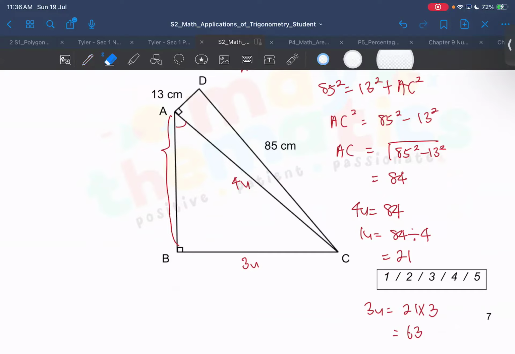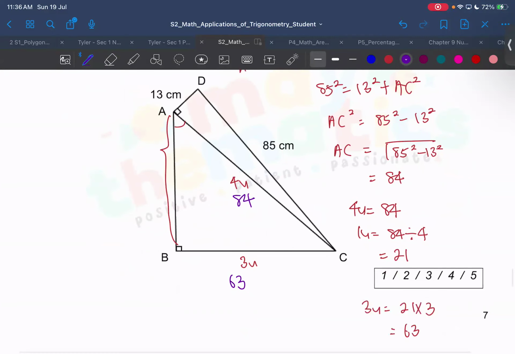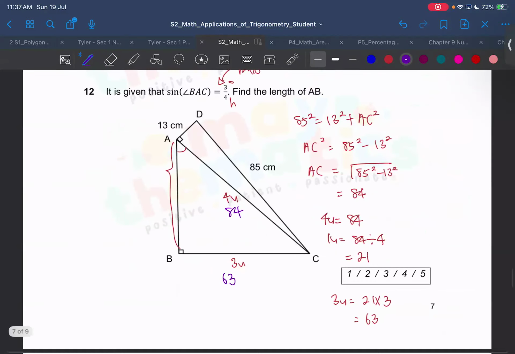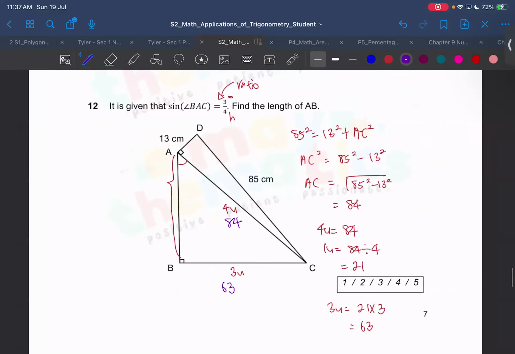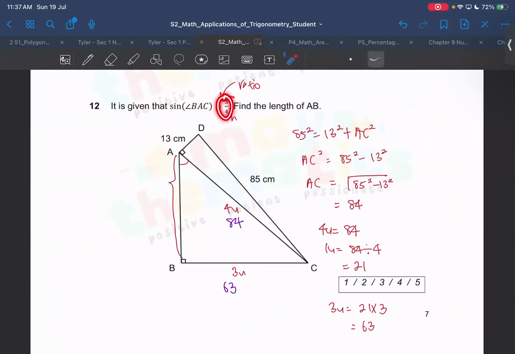Okay, so now I got this one is 63. This one is 84. Okay, so take note, learning point of this question is fraction given by a question might not mean actual length. Okay? Because you see 4 and 84, very, very different things. Can? Yeah, so after you found these two already, you can find AB. Correct or not? Use your Pythagoras.